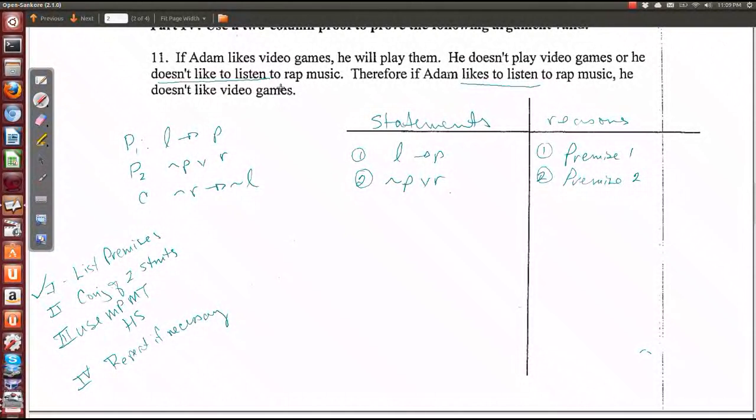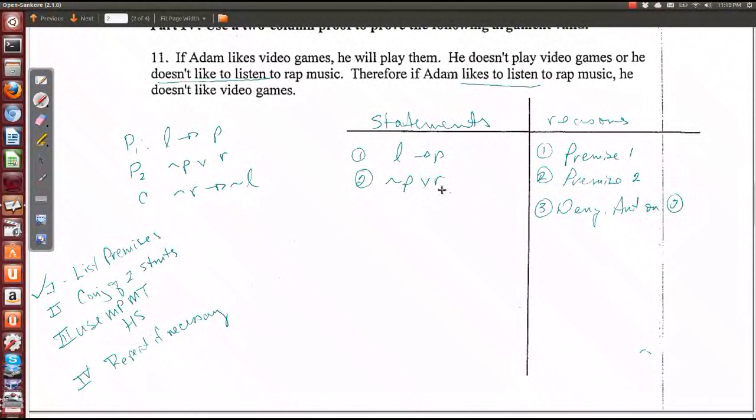And in class, we talked about whenever we have a conjunction, we have to use the theorem 8a. Whenever we have a disjunction, we have to use denying the antecedent. So I'm going to quickly use denying the antecedent on step 2.